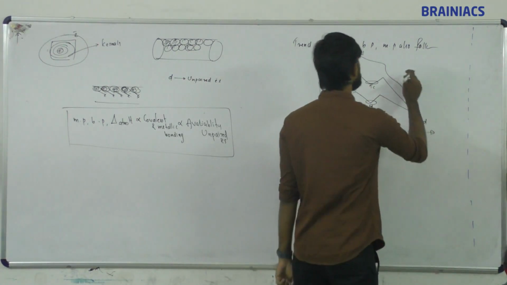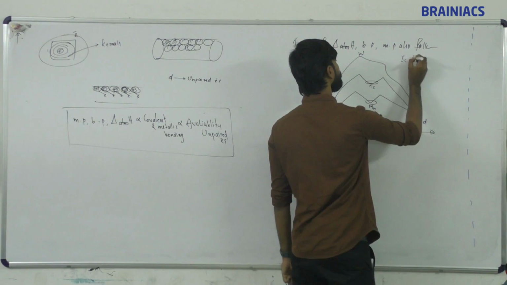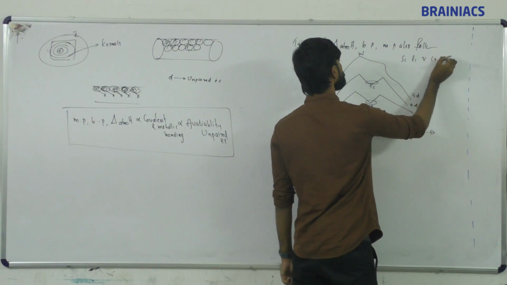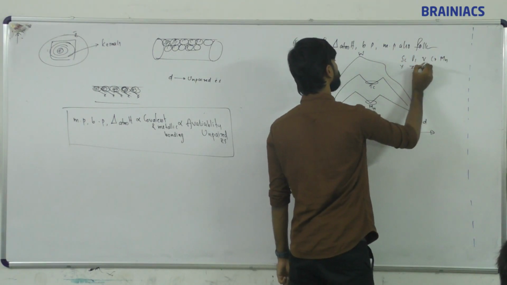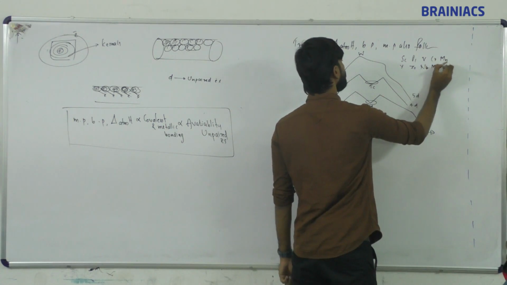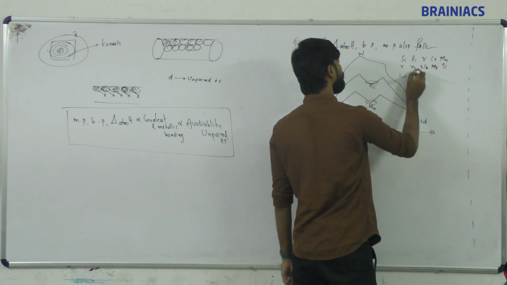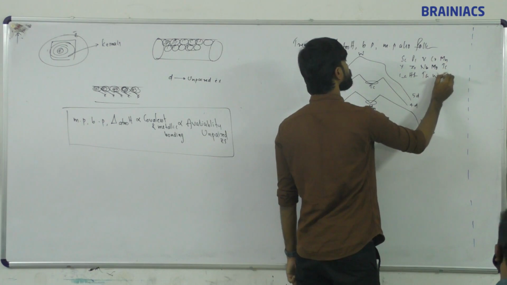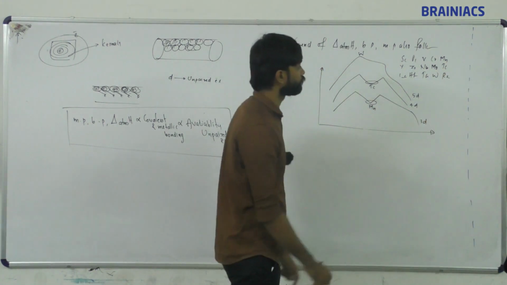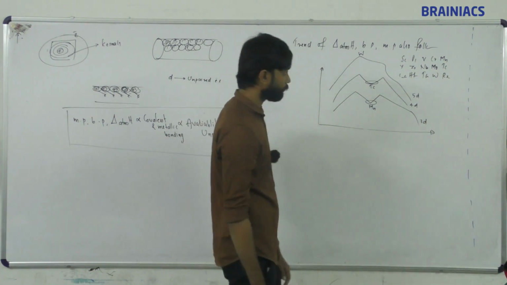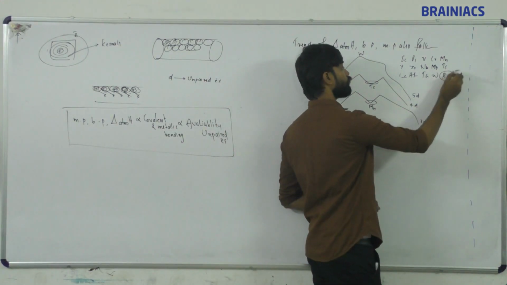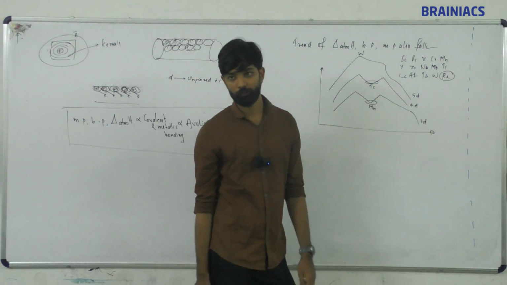What about the categories? Scandium, titanium, vanadium, chromium, manganese, yttrium, zirconium, niobium, molybdenum, technetium, lanthanum, hafnium, tantalum, tungsten, rhenium. So this is not actually observed in the case of rhenium.